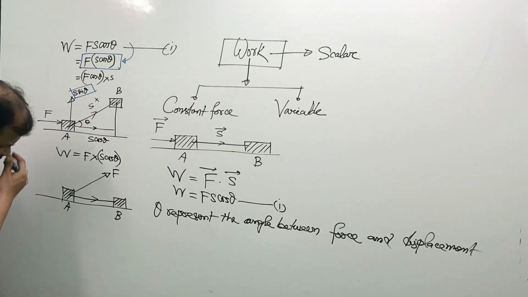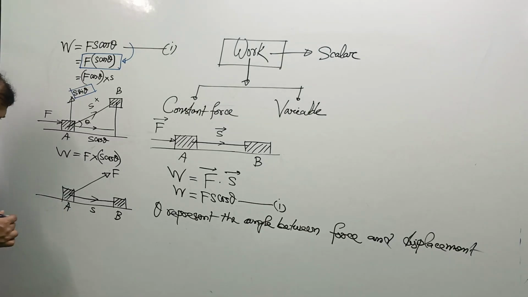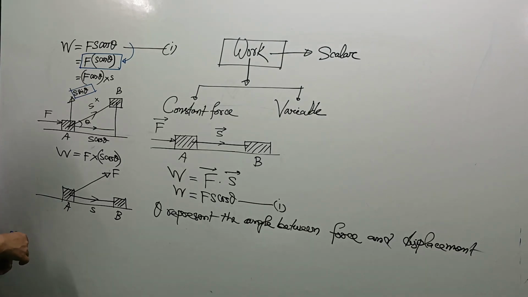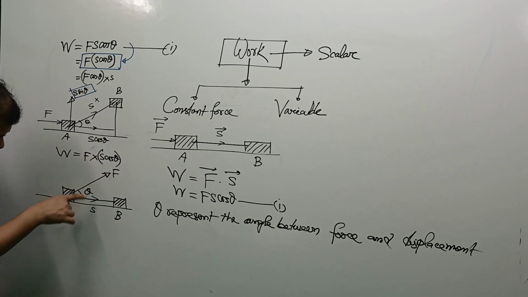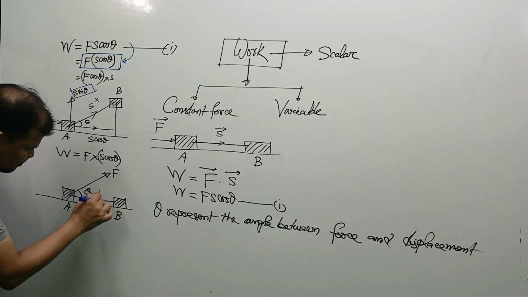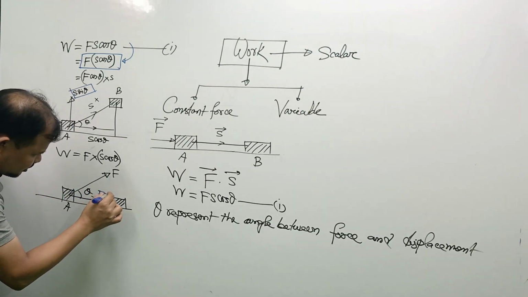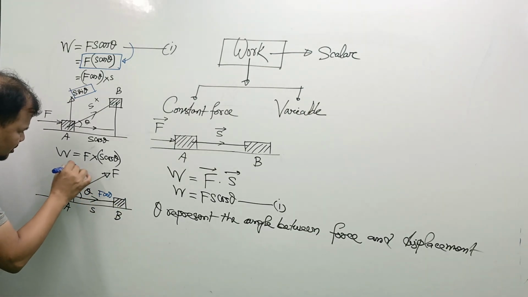This is the displacement, because it is the minimum distance between the initial and final points. Now our duty is to measure the work. Here the applied force makes an angle with the displacement, so we can divide the applied force into two parts: one is F cos theta, another is F sin theta.